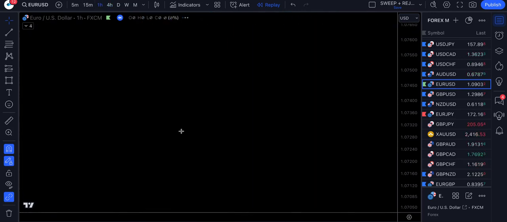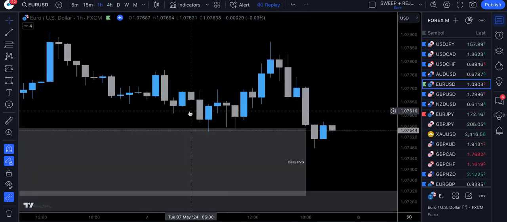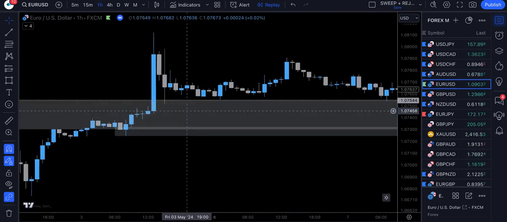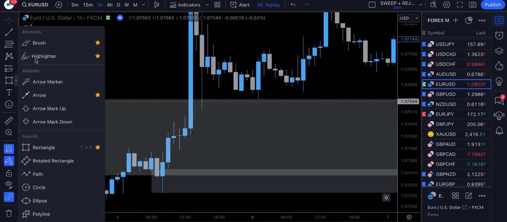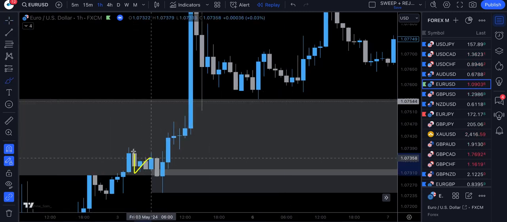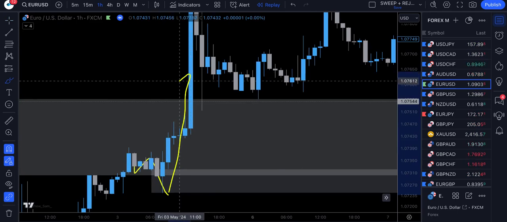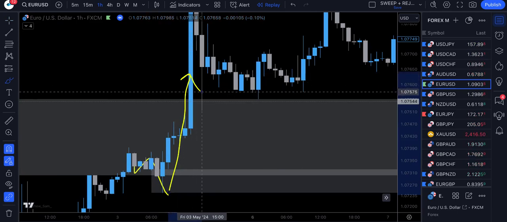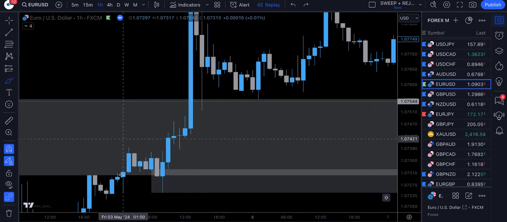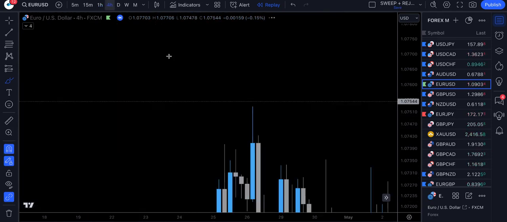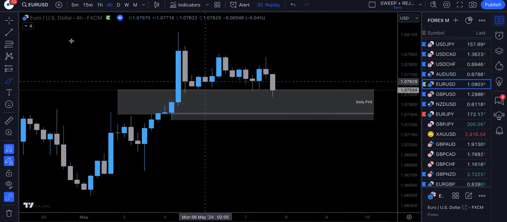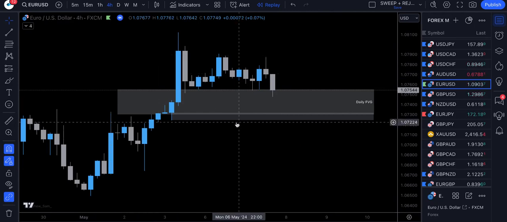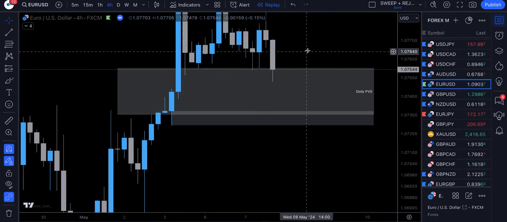For example, if we drop to the hourly, you can see this is this area here. Essentially it's this down move here. We had this sort of correction before the extremely impulsive move to the upside. So this is our order block here, and basically a wick on the 4-hour time frame will essentially be a lower time frame order block, like an hourly order block.